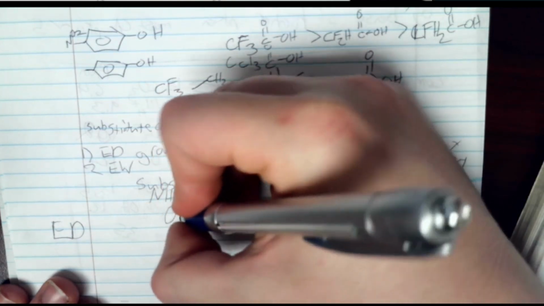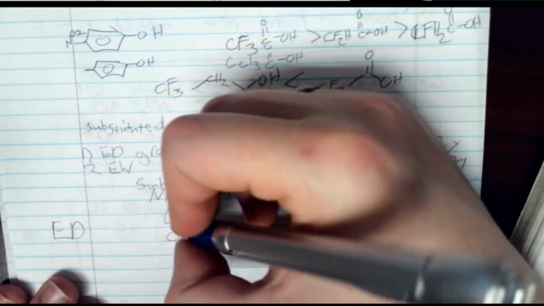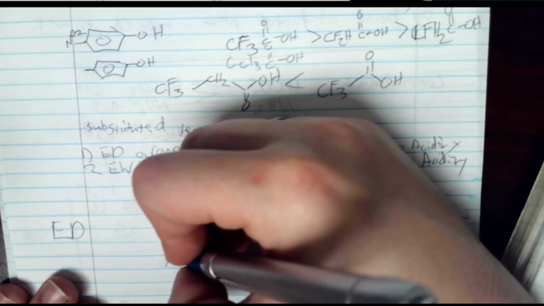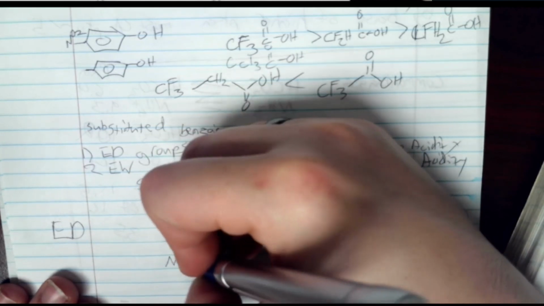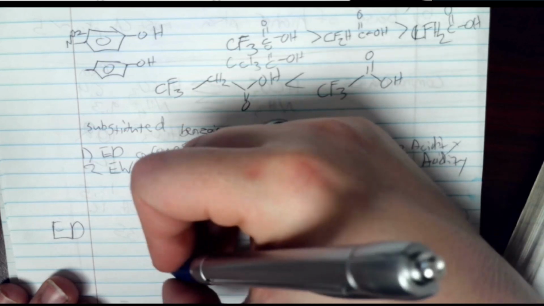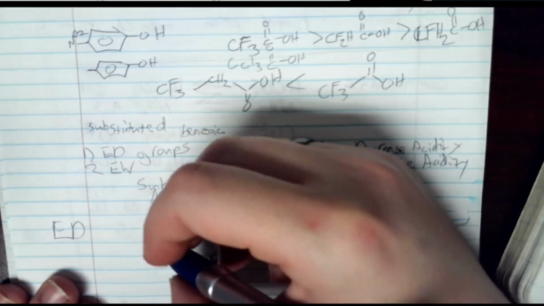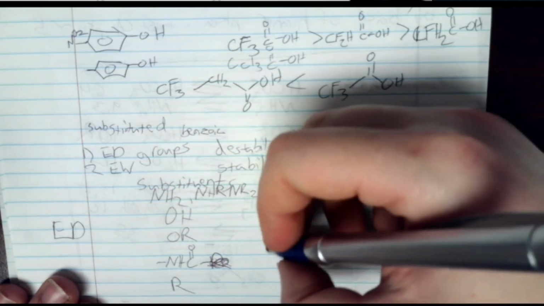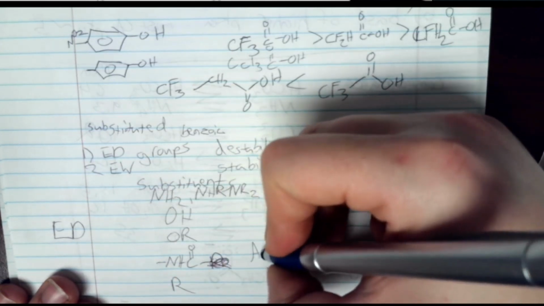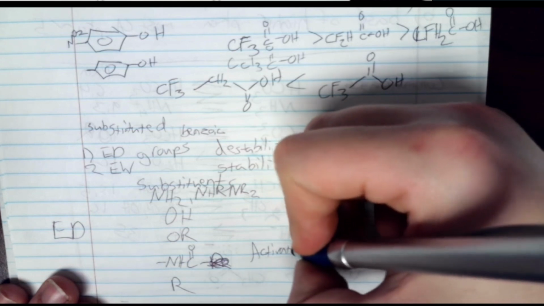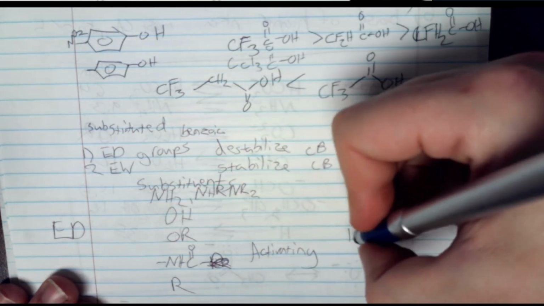Then we have our alcohols, our ethers, our amides, and our alkanes. These are all activating groups and thus make it less acidic.